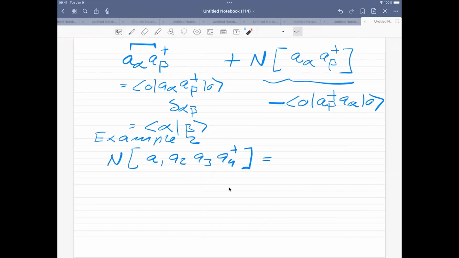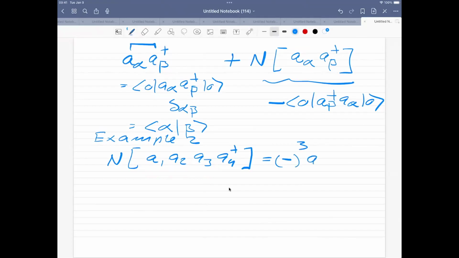So when I'm calculating an expectation value of this quantity, I'm actually going to have a quantity which now will involve these contractions as well. So this is now given in terms of 1, 2, 3 permutations. So I will actually have minus 1 to the power of 3.